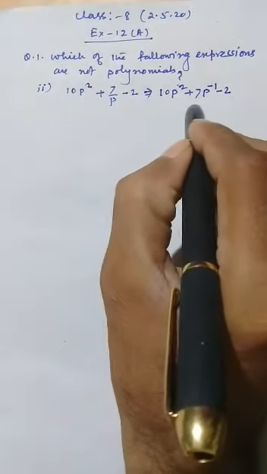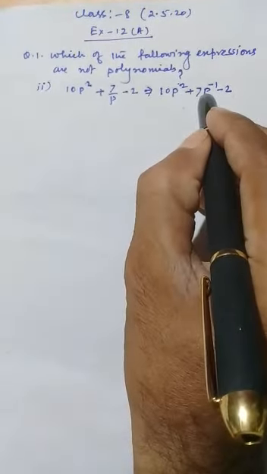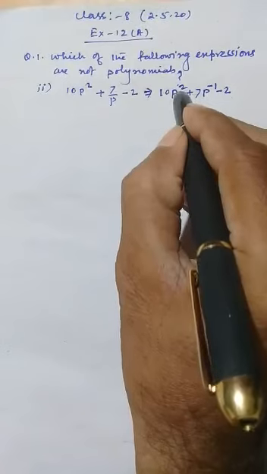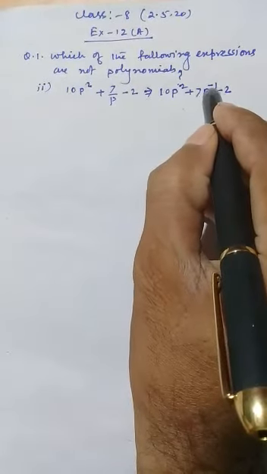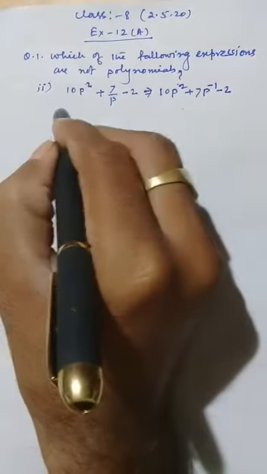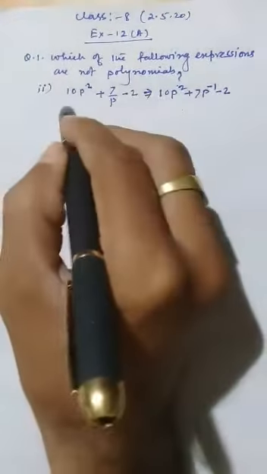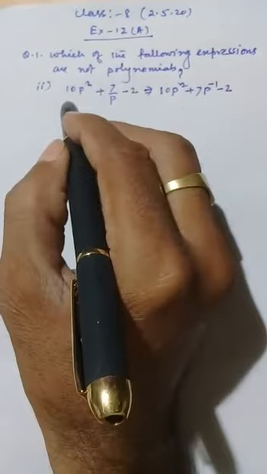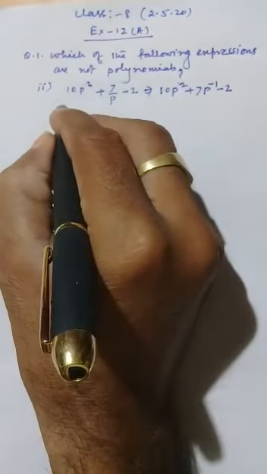Now see, here p is variable. In first term power of p is positive, but in second term power of p is negative. Since it contains a negative power, it will not be a polynomial.